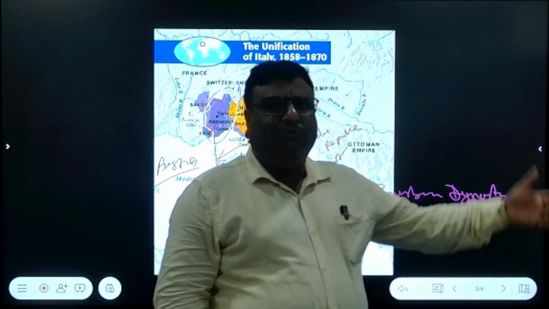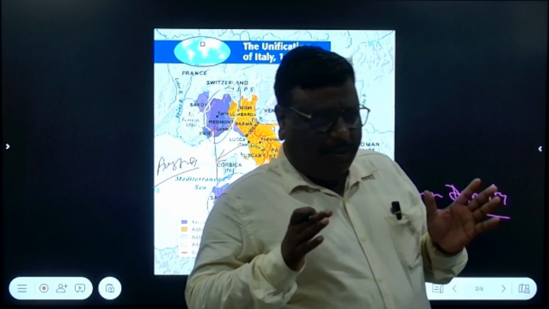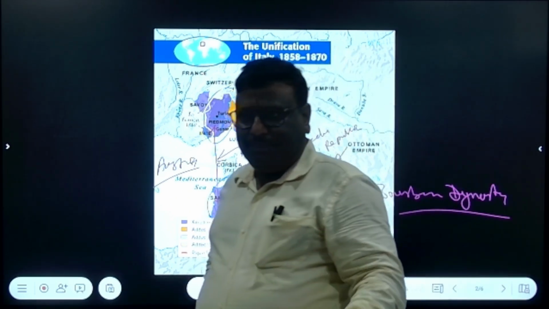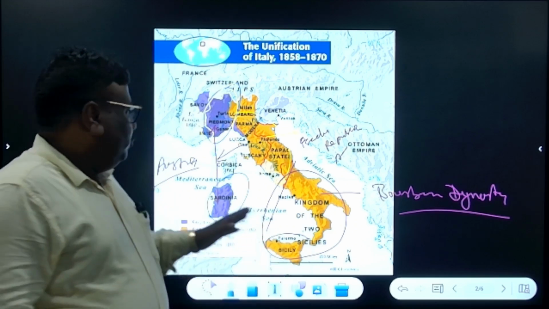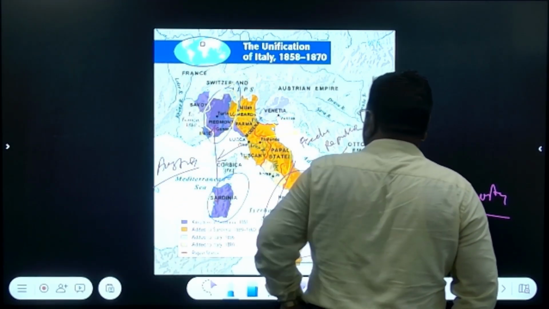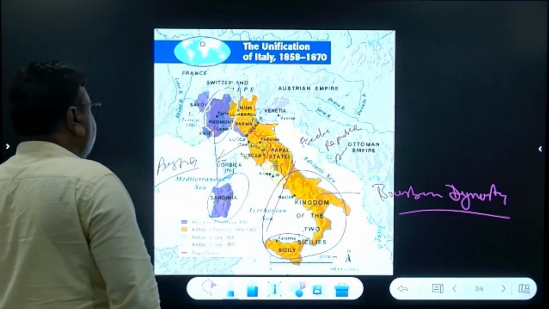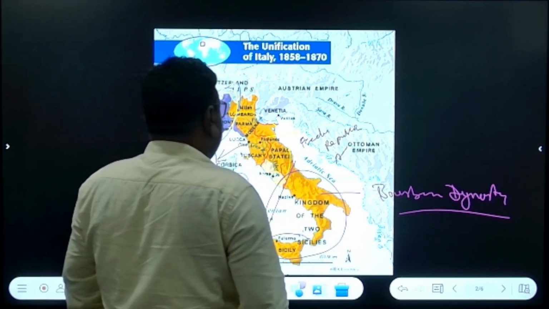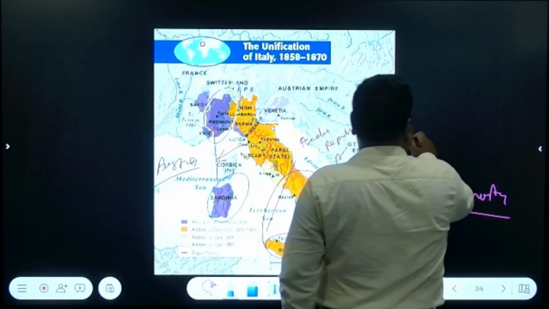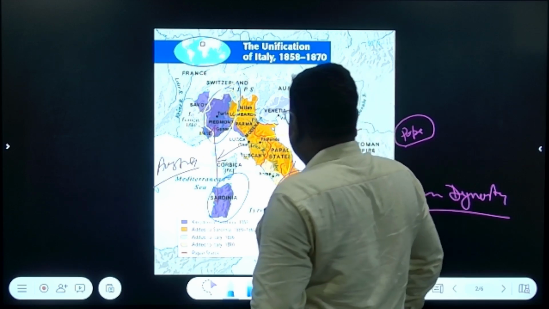Napoleon substituted this Bourbon dynasty. Obviously, France would be the enemy of Austria in such a way. Anyway, Naples and Sicily were controlled by the Bourbon dynasty. Rome was controlled by the Pope, with the help of France.